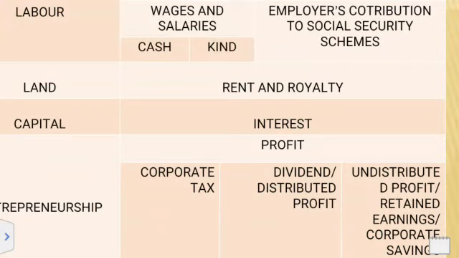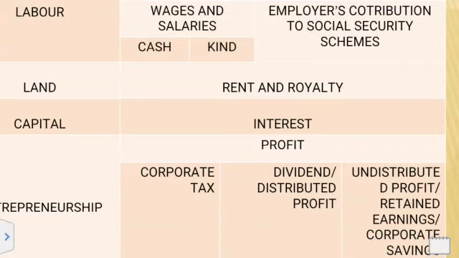Hence, when you give your land for some production process, you get the factor income in the form of rent.